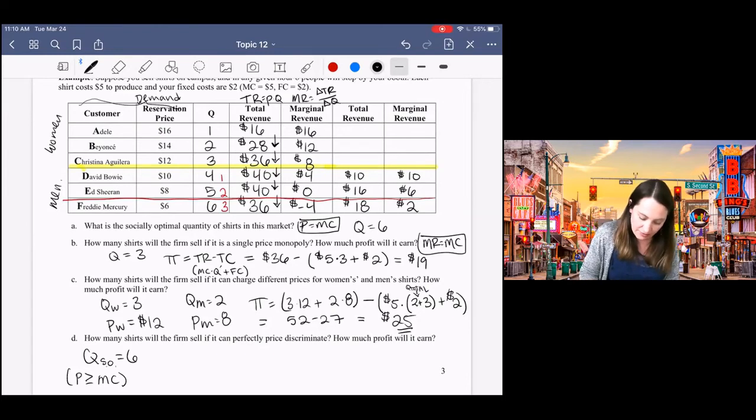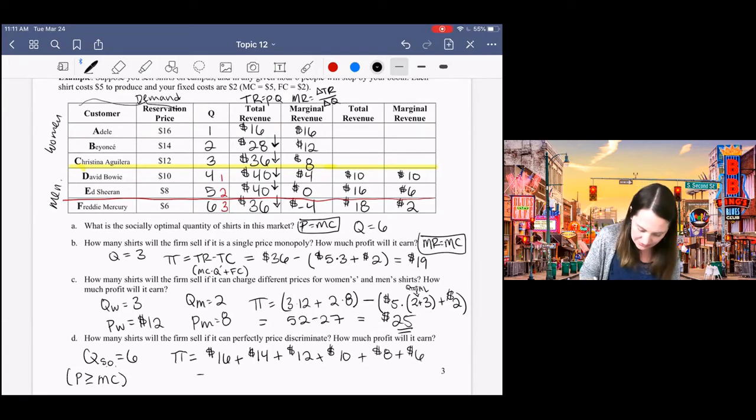And to calculate profit, that's just going to be a little bit of a different calculation than what we had before, because we have a different price for everyone. So total revenue is going to be a sum of all of the prices in the market. We sell one t-shirt for $16, one t-shirt for $14, one t-shirt for $12, one for $10, one for $8, and one for $6.